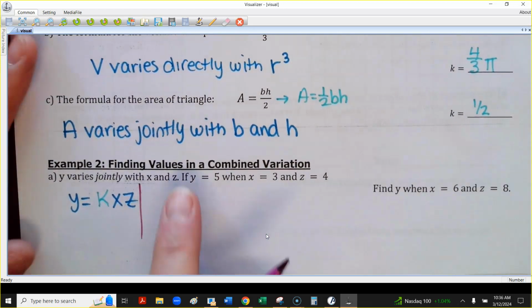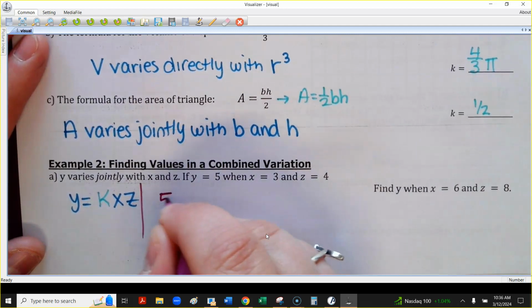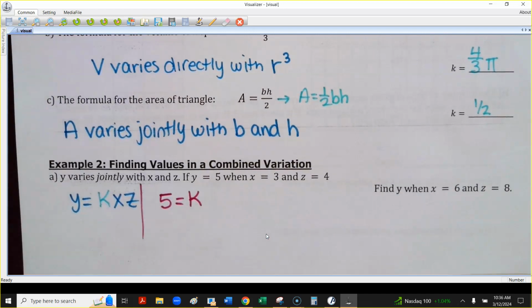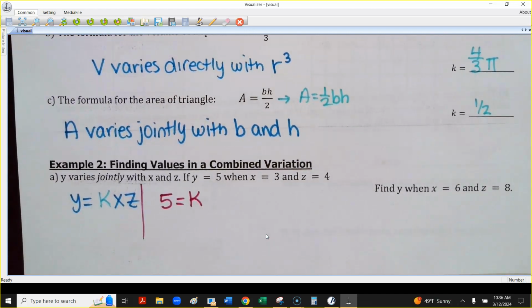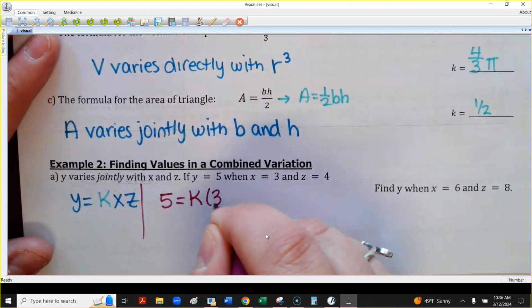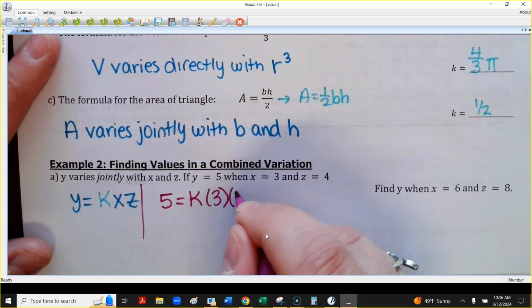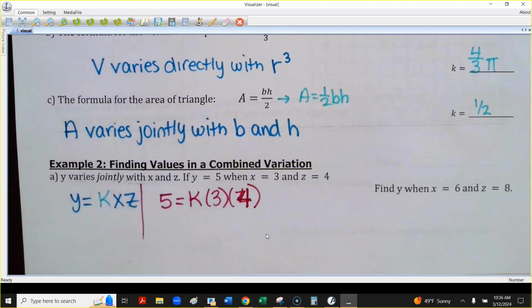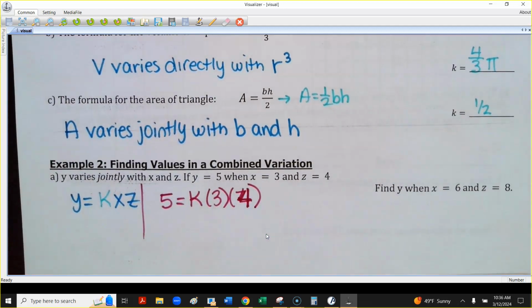It says if y is 5, so I'm just going to substitute each one of these in. K will be the only thing I don't know because it's not part of the description, so we have to figure it out. X is 3 and z is 4. So it says y varies jointly with x and z. If y is 5 when x is 3 and z is 4, we're going to find the k value here.